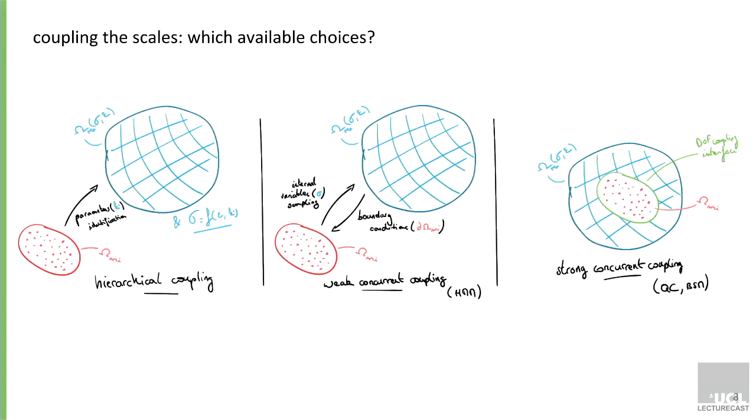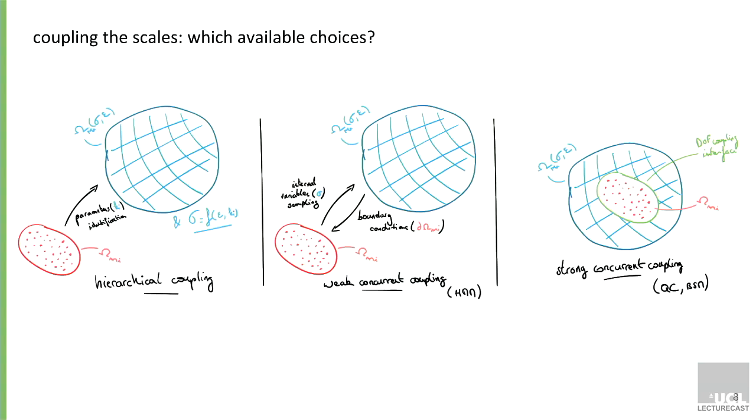And then you'll perform the simulation in which you need to understand if your structure is going to be sustainable or not using those parameters. So that's hierarchical coupling, which is a one-way coupling. So you only run the lower scale model once, and then the higher scale model after. But you don't have a feedback between the two.